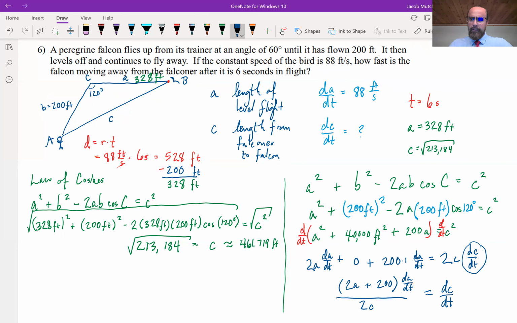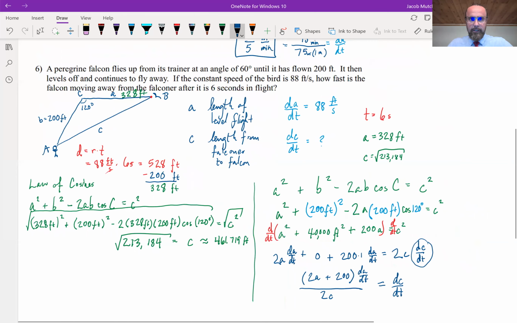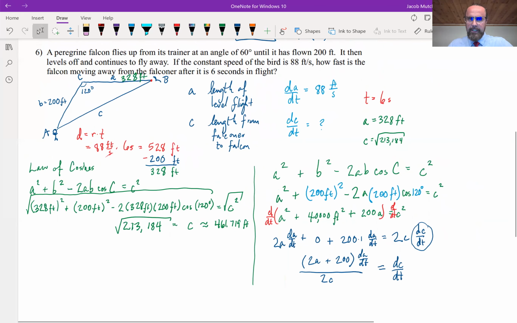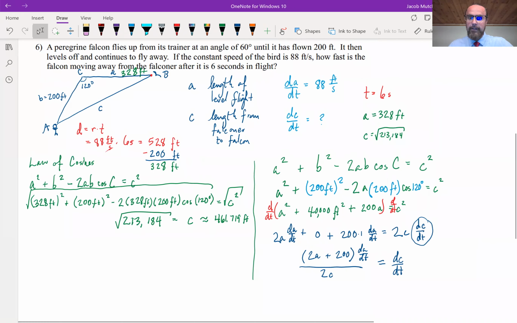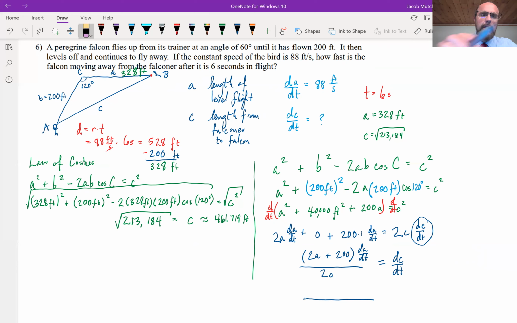So at that point, I've got the derivative, and all I need to do is plug in my values for a and c and dA/dt, and I should be able to calculate this rate. In fact, what I can do here, I see I can divide out a 2 in all terms and change that to 100. So even that will simplify more.